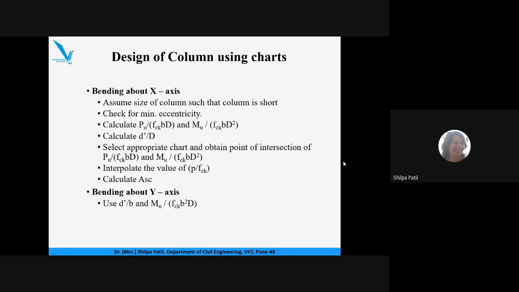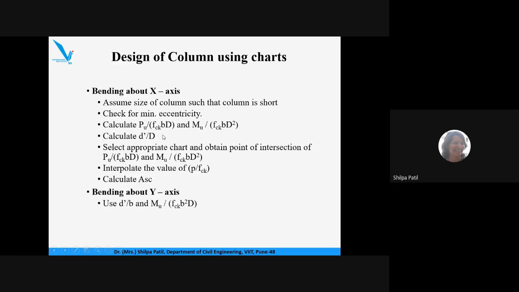If the minimum eccentricity criterion is getting satisfied for one axis only, and for the other axis it is not getting satisfied, it means your column is subjected to uniaxial bending. If both the criteria are not satisfied, it means your column is subjected to biaxial bending. Okay. Biaxial bending we will see in the next lecture. Let us first finish today the uniaxial bending column.